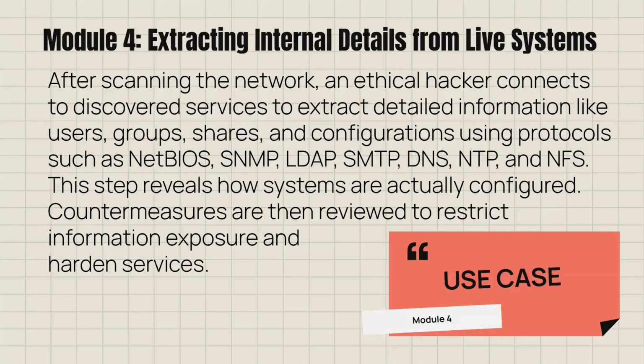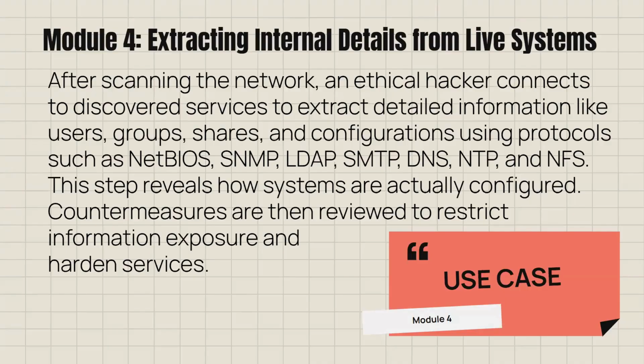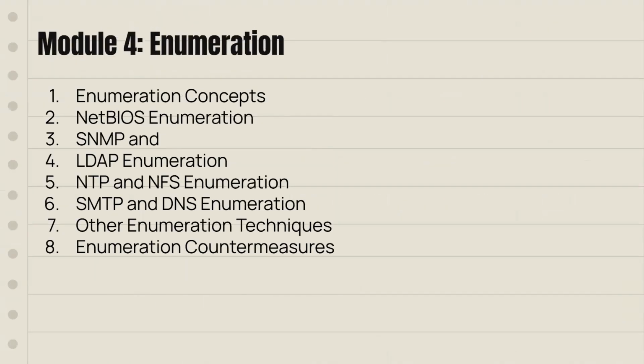Okay. So here we have vulnerability analysis. One question: does this have any SSL2 or those kinds of higher versions? In this chapter, enumeration will help us get the details about every protocol running in the network.